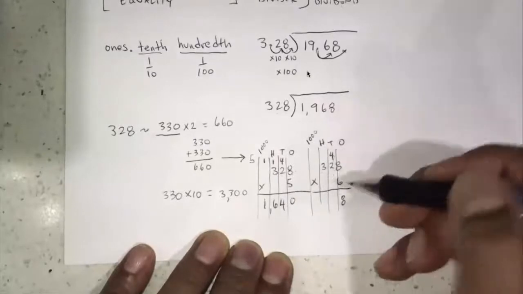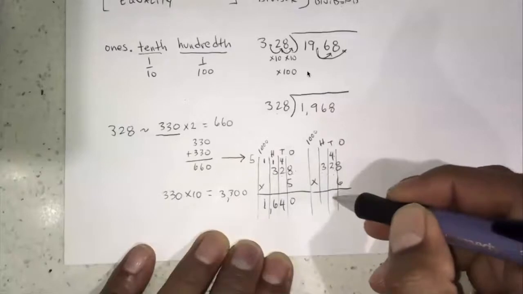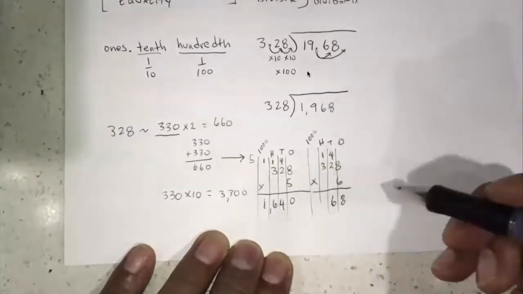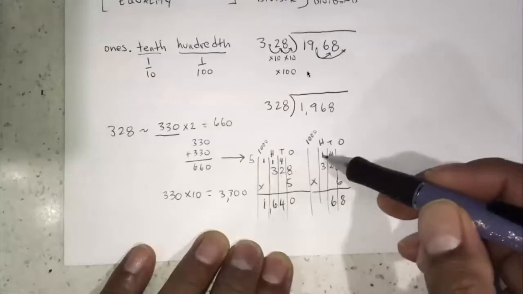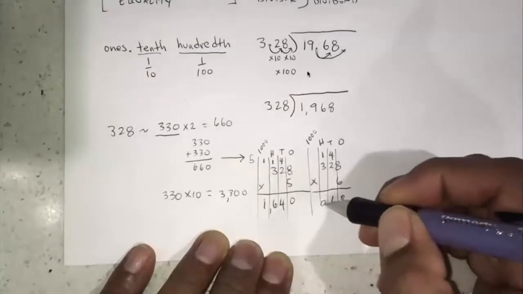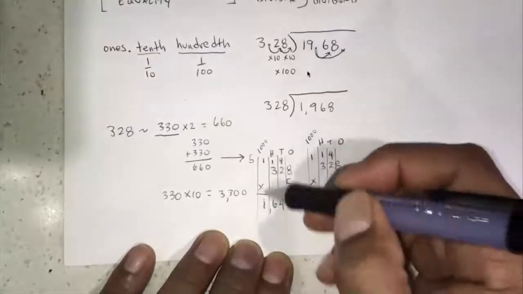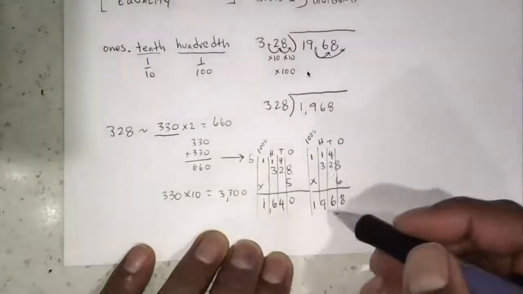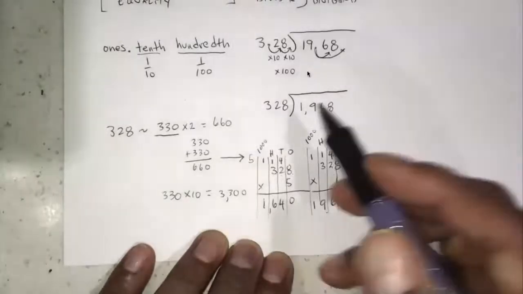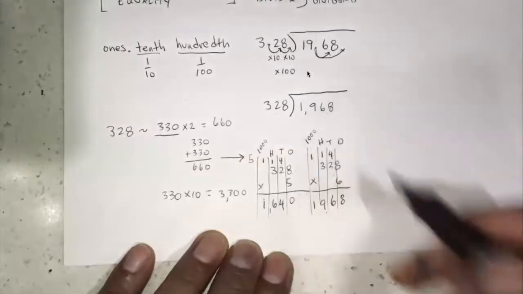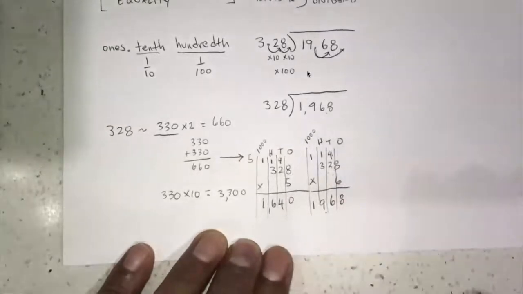That's 16. Regroup the 1. 6 times 3 is 18. Add it to the regrouping. That's 19. There's nothing to add, so we could just bring it down. Look at that. So that means 328 goes into 1,968 6 times.